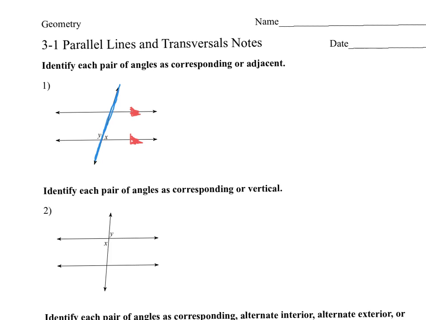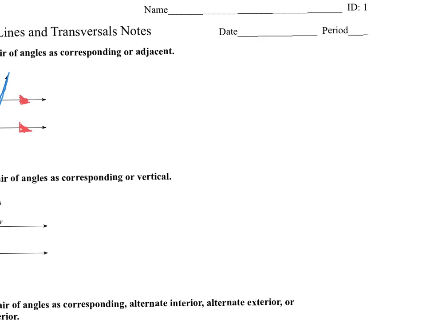Corresponding, so what corresponding means is, and I'm going to give some definitions over here on the side so that we see a bunch of these. Corresponding again is, I'm going to give generic definitions. These are not formal, okay, these are my definitions.